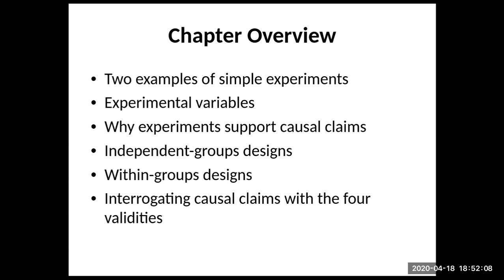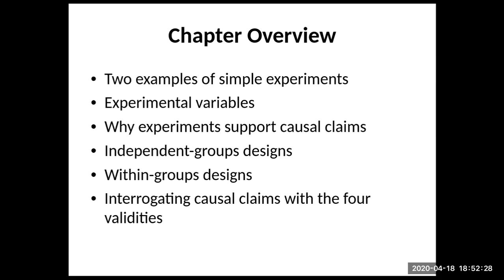And then in the second half of this lecture, I will talk about independent groups, which we refer to mostly in class as between groups, where subjects are only participating in one condition of the experiment, or within groups designs where everybody does everything, kind of like we did with the Stroop task.